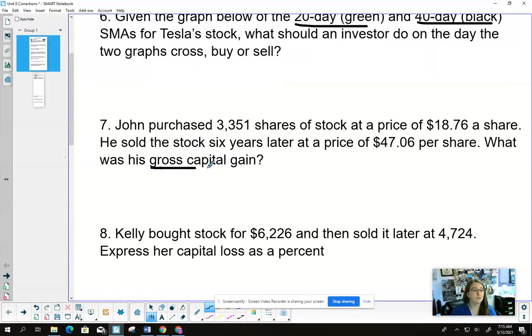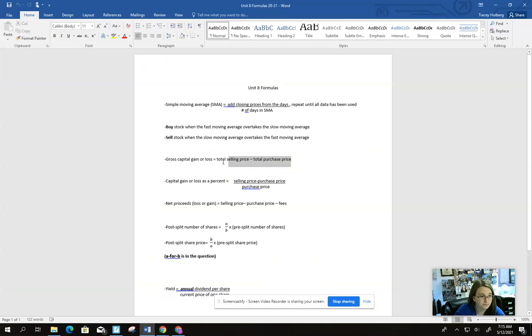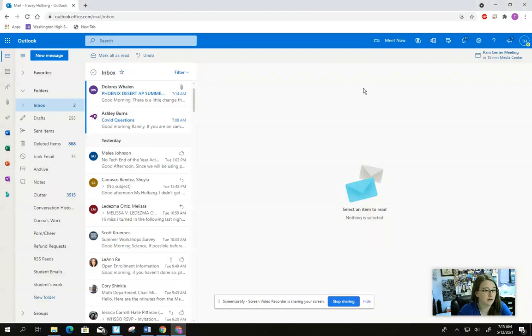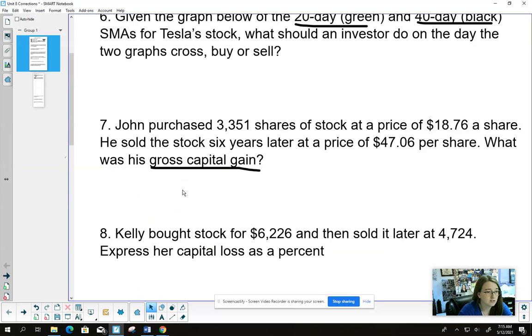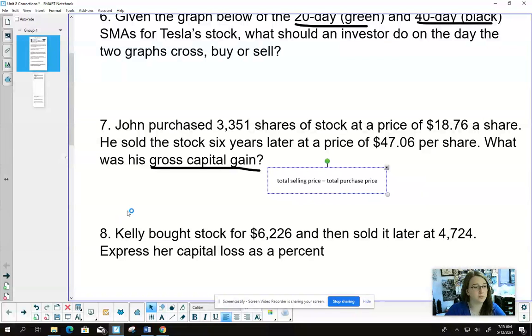Number 7, it says, what was his gross capital gain? Now, this is, again, on the formula sheet. Gross capital gain. I want to clarify that it does not say as a percent. So for number 7, gross capital gain is just the selling price minus the purchase price.